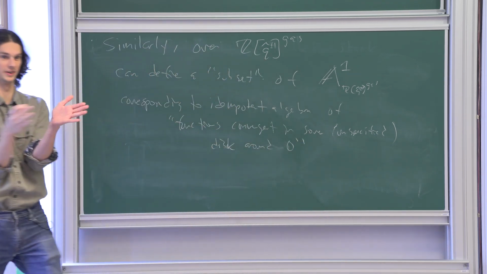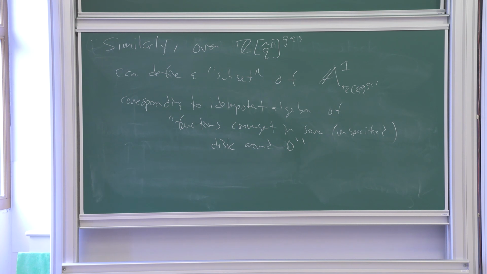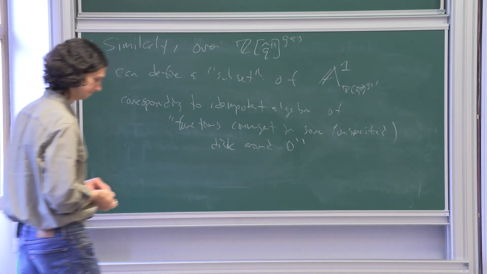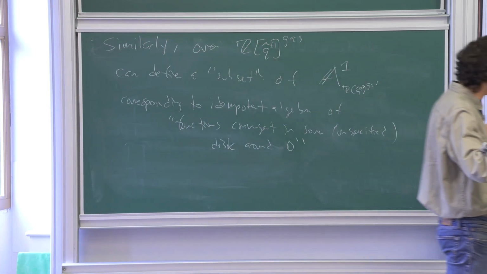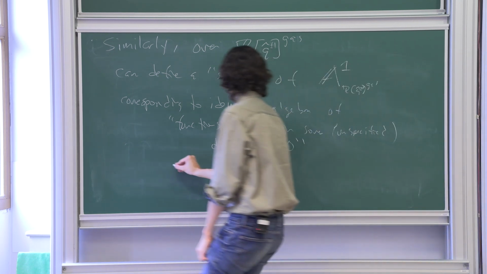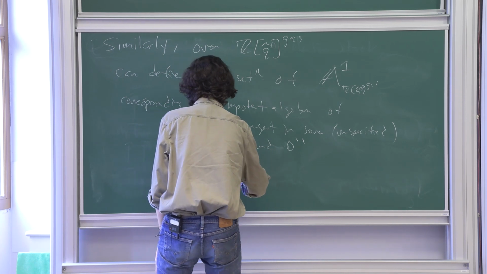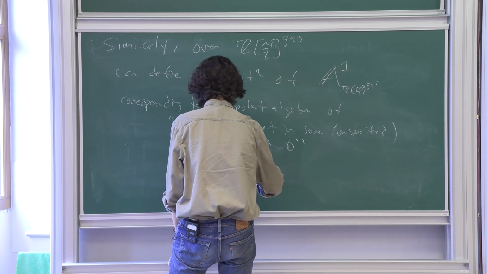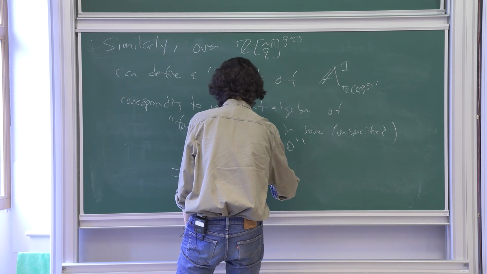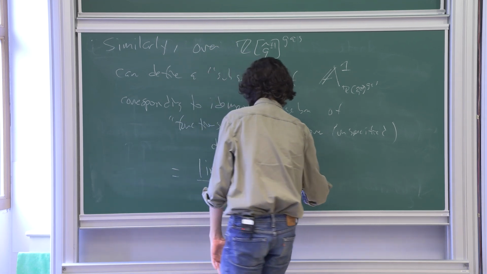So it's germs of functions defined at the origin, so to speak. So formally, it's going to be some filtered colimit of this basic P guy, and then you can kind of do a multiplication by Q.